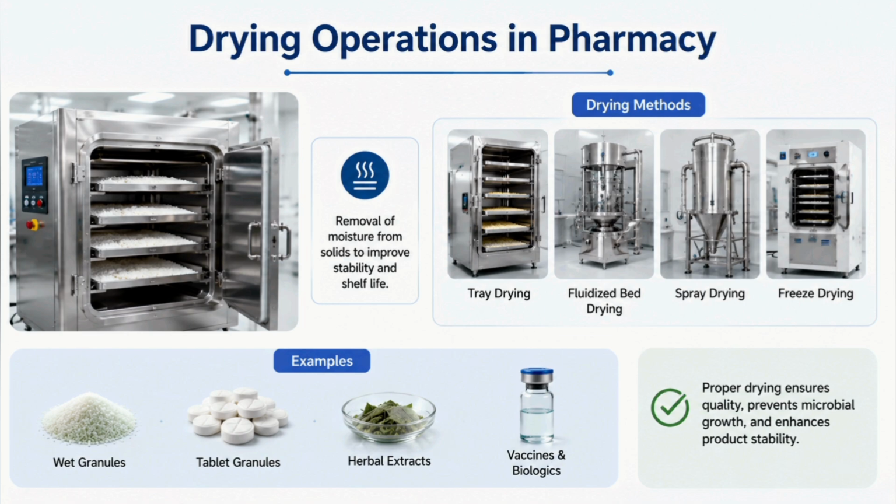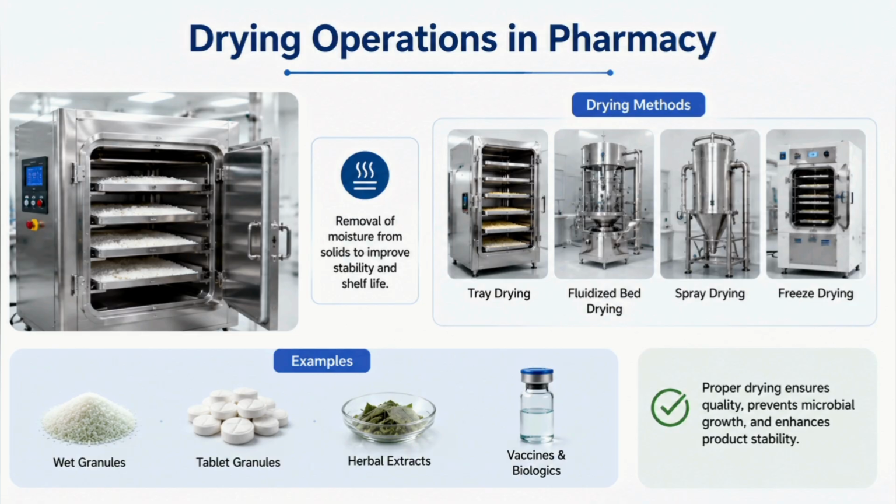The tablets may become soft, sticky, or unstable. Different drying methods are used in pharmacy, such as tray drying, fluidized bed drying, spray drying, and freeze drying. Freeze drying is especially important for vaccines and protein drugs because it protects heat sensitive materials here.